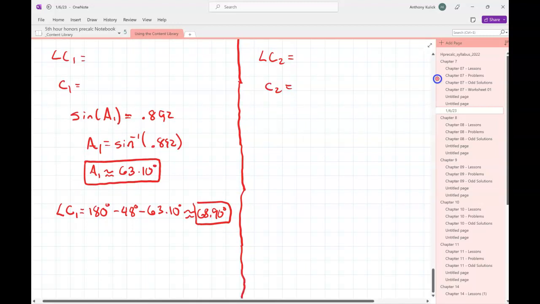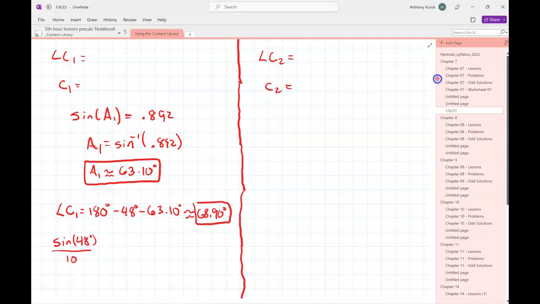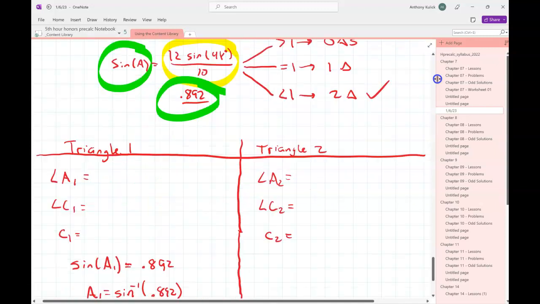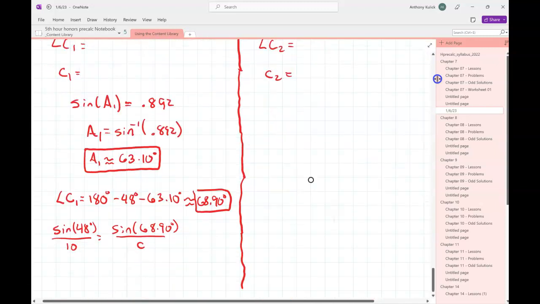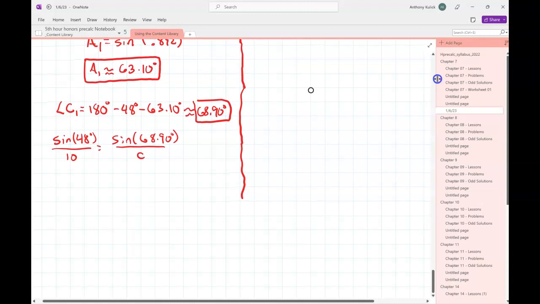And now that I have angle C, I can set up my law of cosines. And I'm forced to use this rounded answer. There's no way around it, and that's okay. Just double check that that 10 was the right angle, or side length. It is. Okay. And then I can just cross multiply and divide.